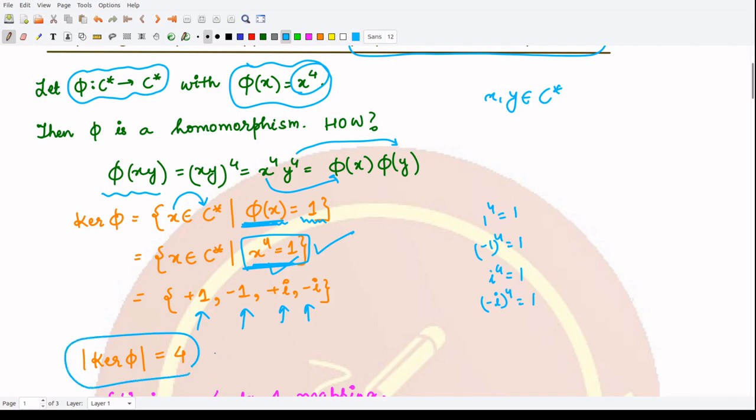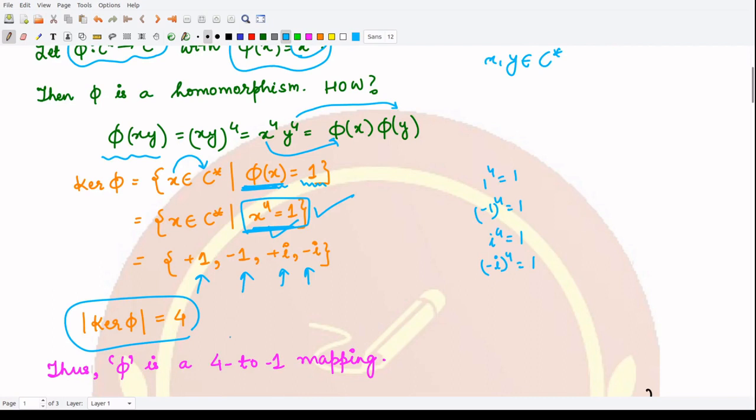Another thing we can clearly say is that because the kernel contains 4 elements, this mapping is a 4 to 1 mapping. So suppose this is your G bar and this is your G. What is G here? It is C star and it is also C star, as given to us.